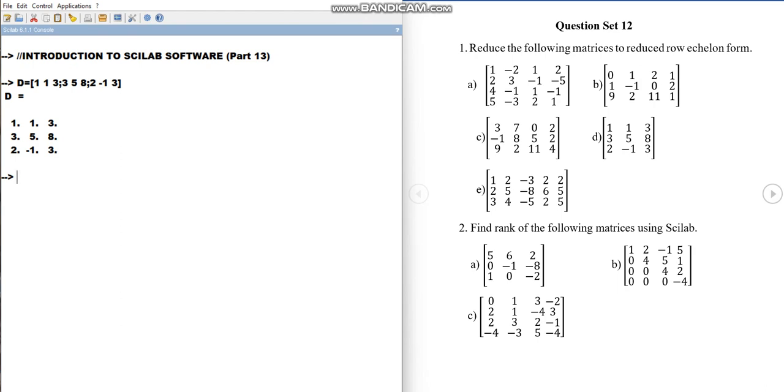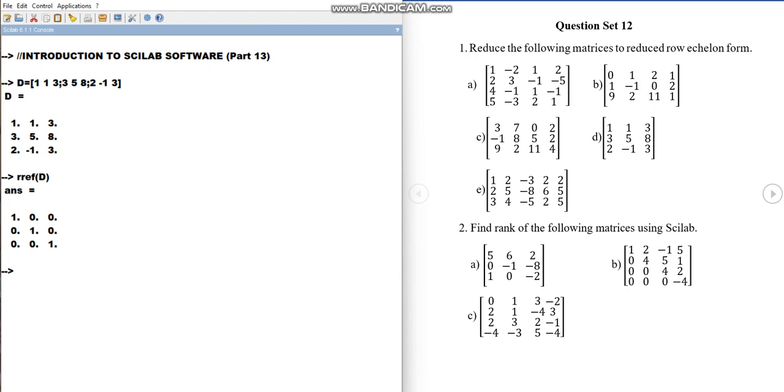For reduced row echelon form, the command is RREF. So RREF of D. This is the reduced row echelon form, which is like an identity matrix. After performing a series of row operations on the matrix D, we are getting this.